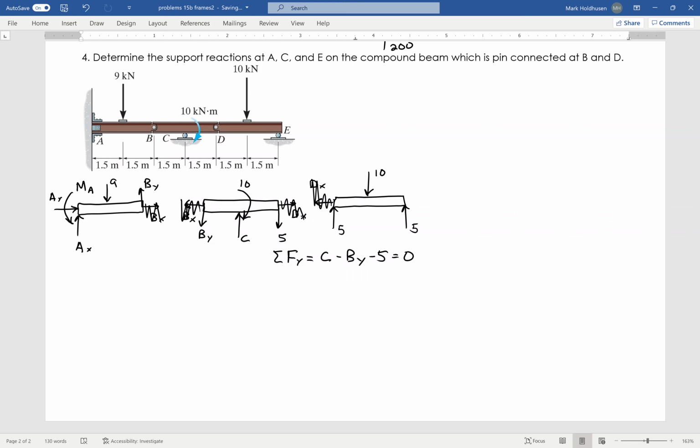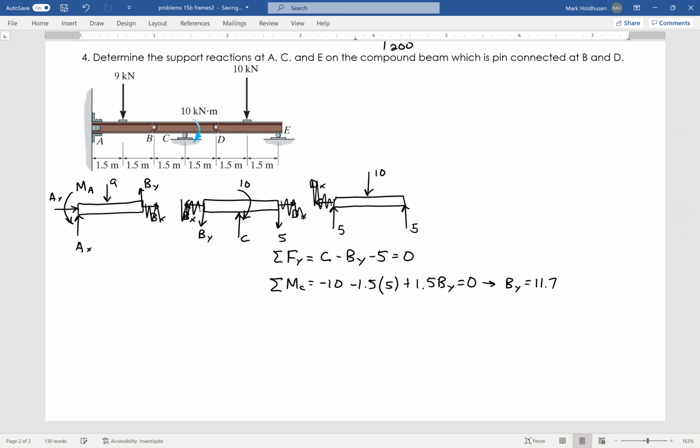I can also sum the moments about C. I'm going to get the negative 10. You don't want to forget that. I'm going to have negative 1.5 times 5, and I'm going to have positive 1.5 times BY equal to 0.